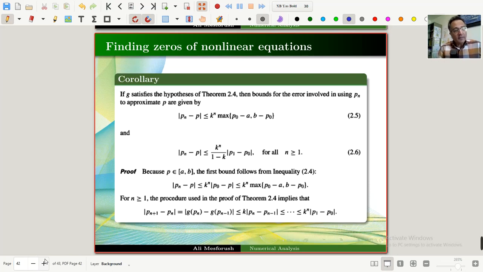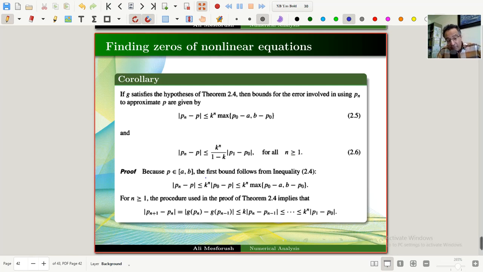The corollary is this: if g satisfies the hypothesis of the fixed point theorem, then bounds for the error involved in using p_n to approximate p are given by the absolute value of p_n minus p less or equal k^n times the maximum of p0 minus a and b minus p0, and also |p_n minus p| is less or equal k^n over 1 minus k, times the absolute value of p1 minus p0, for all n greater than or equal 1.